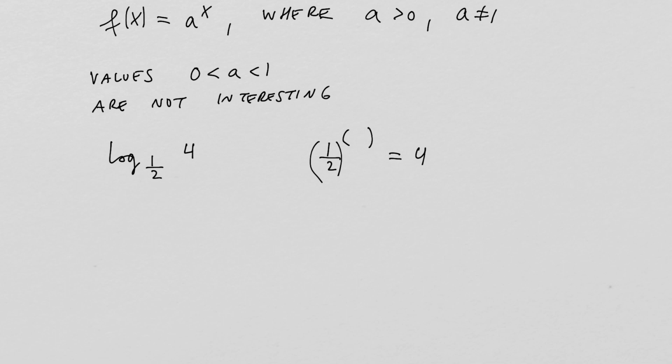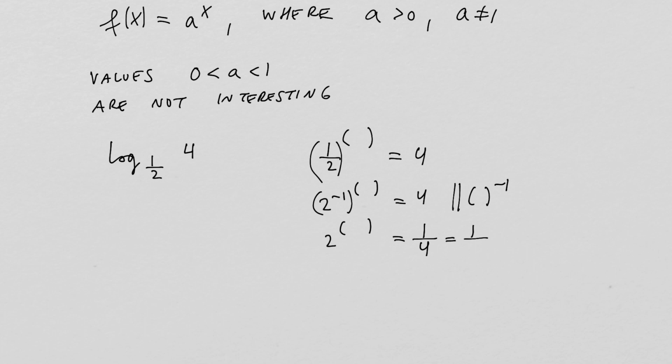Well, 1/2 is 2 to the power minus 1. And we could take the powers minus 1 on both sides. We would get that 2 to some power should be 1/4. We see that the suitable power is minus 2.